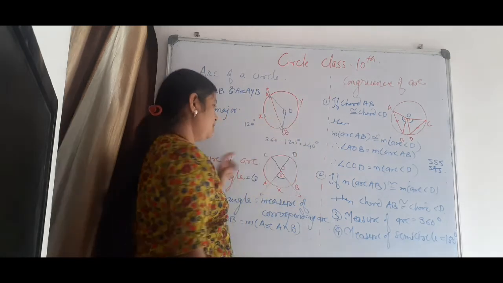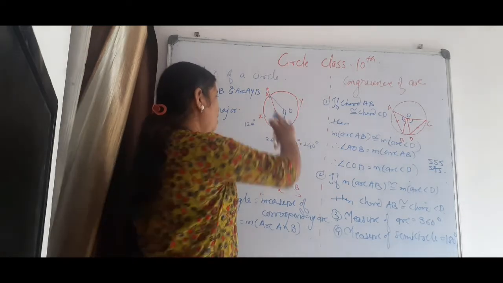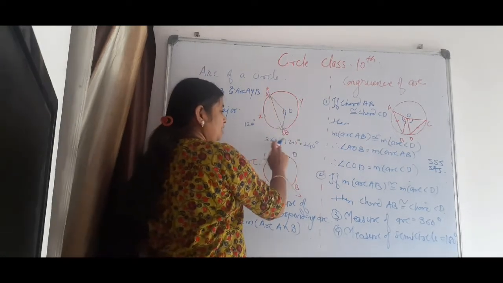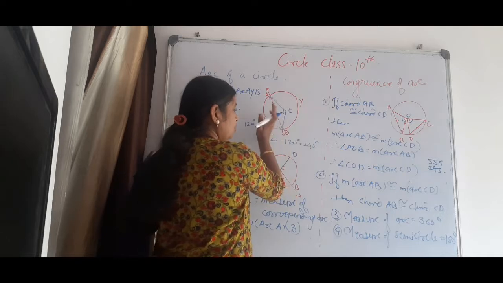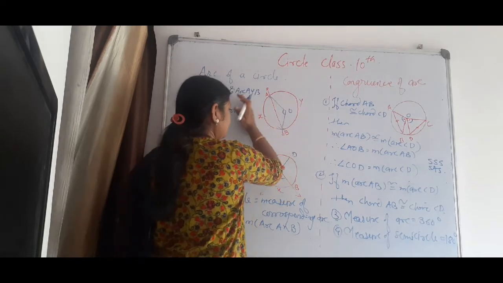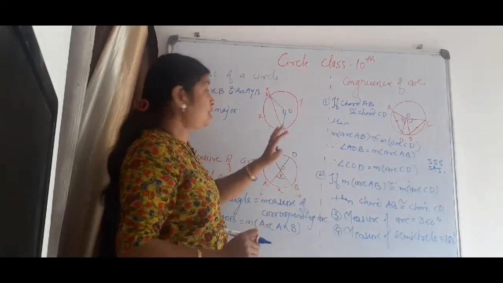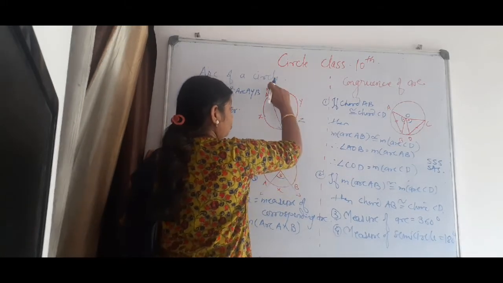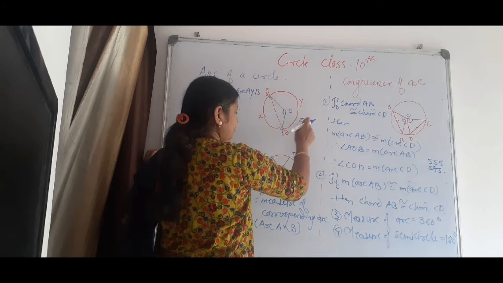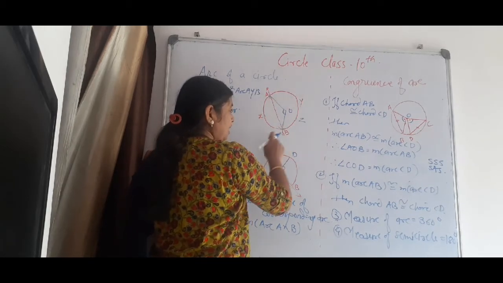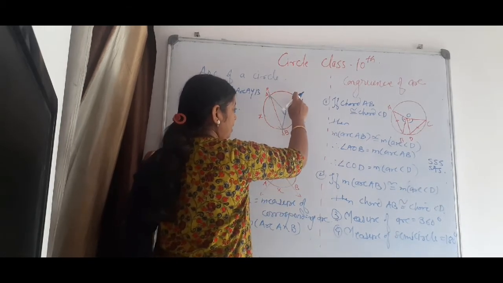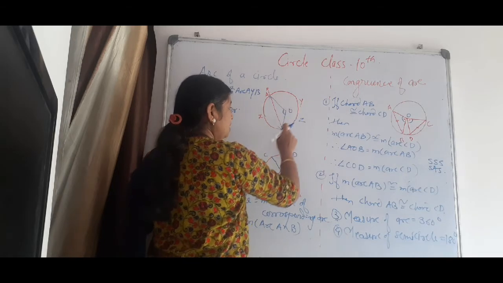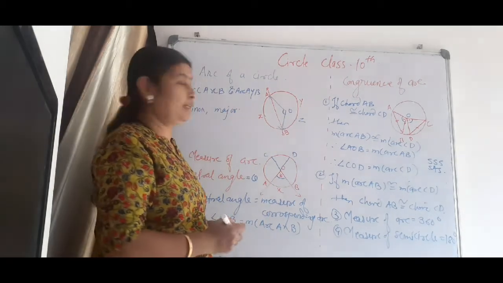The total measure of arc is 360. So if arc AB is given as 120, the remaining arc you have to find by subtracting from 360. Now if AY and Z are given, then you can take arc AY plus YZ plus ZB. Measure of arc AB is arc AY plus YZ plus ZB. You can add or subtract the arcs.